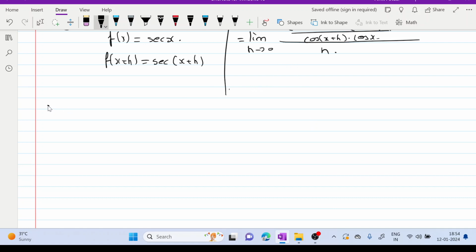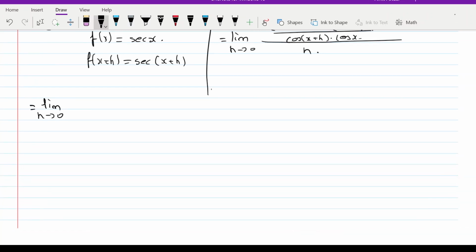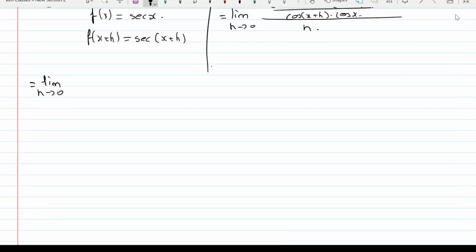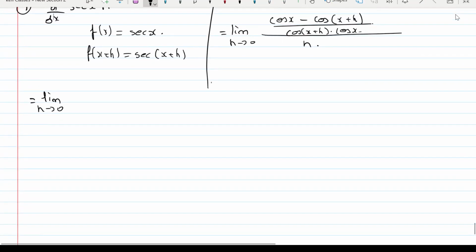So this will become equal to limit as h tends to 0, and what was here, cos x, I forgot the term. So limit as h tends to 0. This is cos c minus cos d. So you can use that formula cos c minus cos d, or you can expand. So I'll expand in this case.